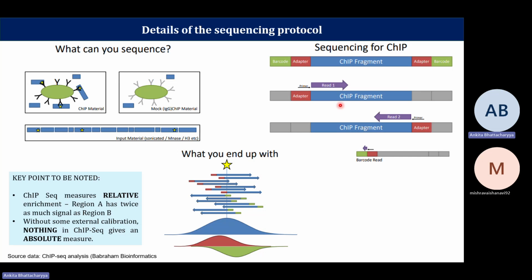So therefore no measure is absolute. These are all discrete measures. Then what you end up with is something like this, which you have to interpret and decode, and then finally figure out whether a certain DNA protein interaction is occurring or not.